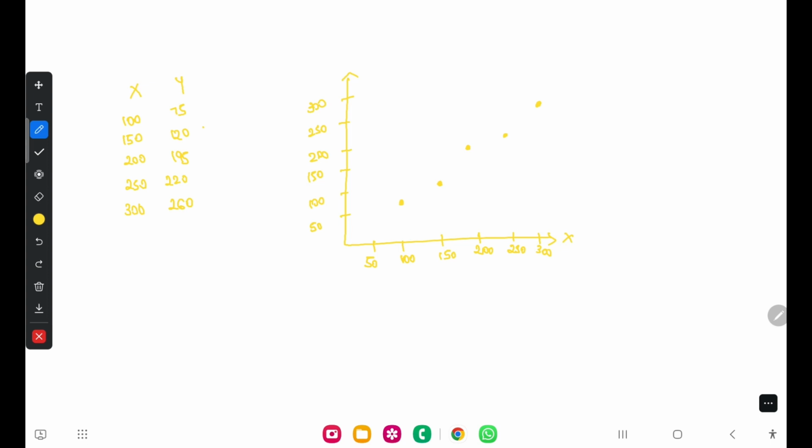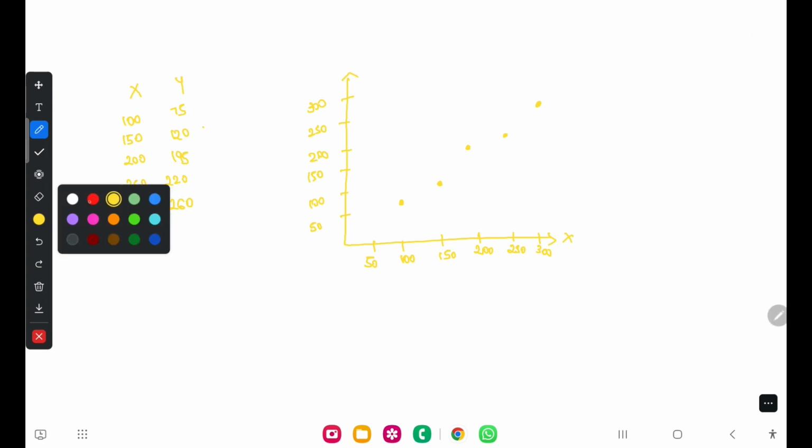Now for population, we were able to easily fit the line, right? But in sample, it's not that easy to fit a straight line because the points don't exactly fall on the line. So we have to apply some technique so that the points are as close as possible to the line which we are trying to fit. There are two methods for that.